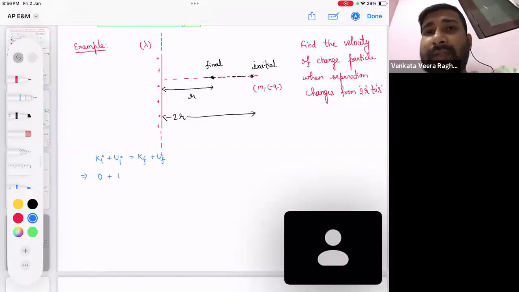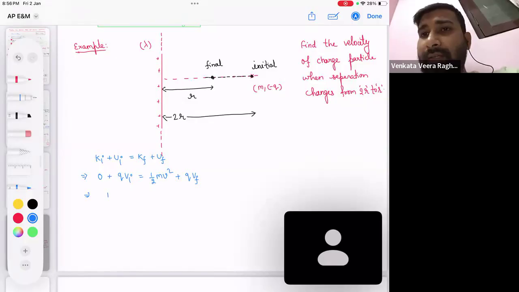U initial means charge into V initial. K final means half mv squared. And U final means charge into V final. So it becomes charge multiplied by V initial minus V final.